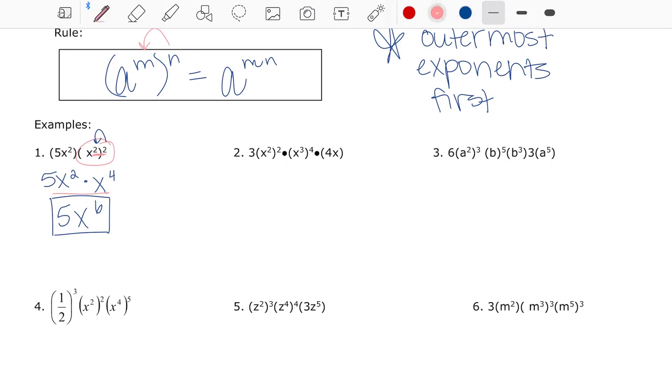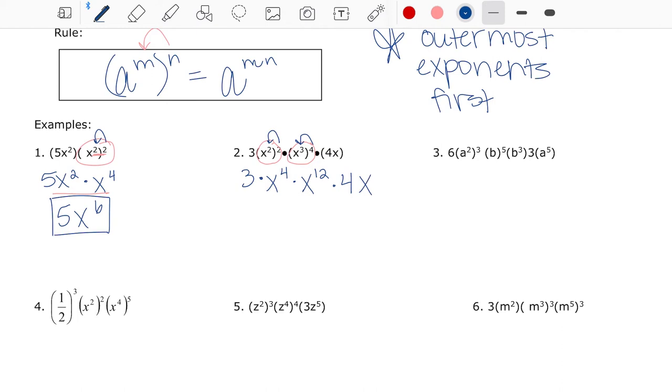So then we look at number 2, and now I have 2 different bases that are raised to a power. So the outer 2 will multiply in, and the outer 4 will multiply in. This 3 stays out front, and when I have powers raised to a power, that's when I multiply those 2 exponents. So this becomes x to the 4th, the next one becomes x to the 12th, and then times 4x.